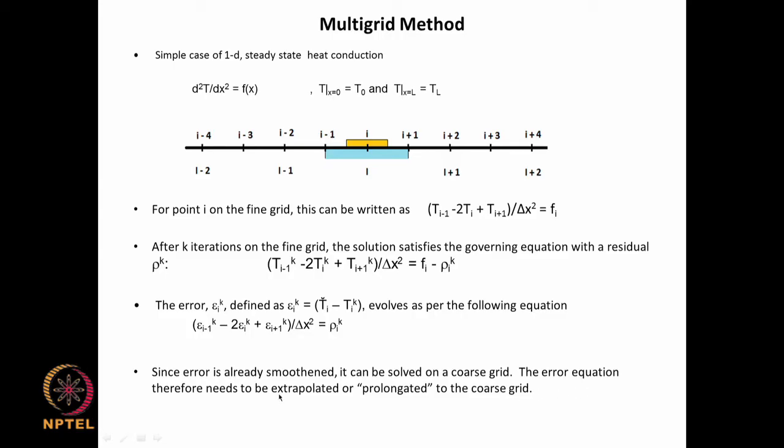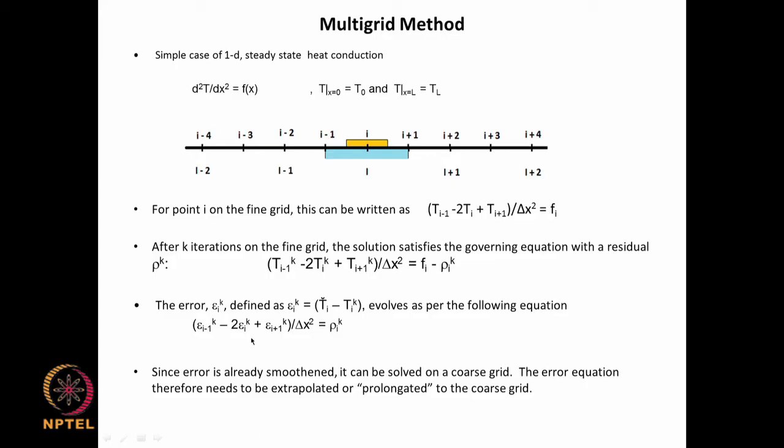The error equation therefore needs to be extrapolated or prolongated to the coarse grid. As it is, this error equation is expressed in terms of small i's with a grid spacing of small delta x, so it is not posed for the coarse grid.